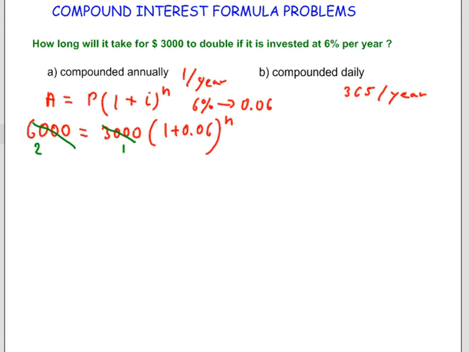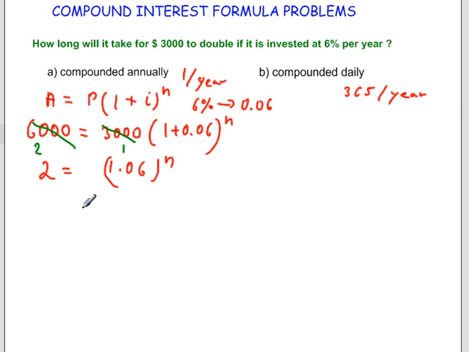So I have to show that there is a 2 here, and the right side is 1.006. Wait a minute. No, 1.06 to the power of n.